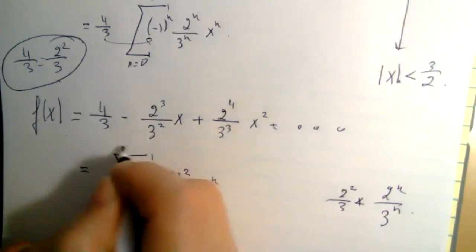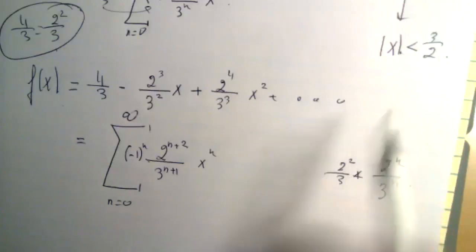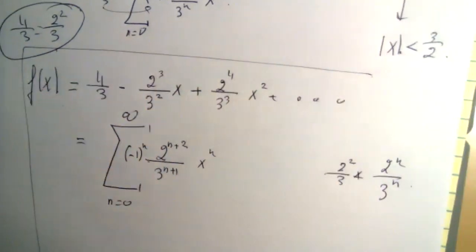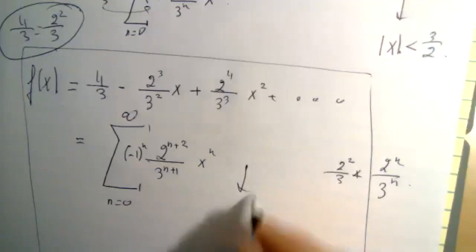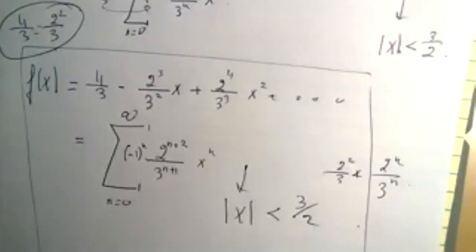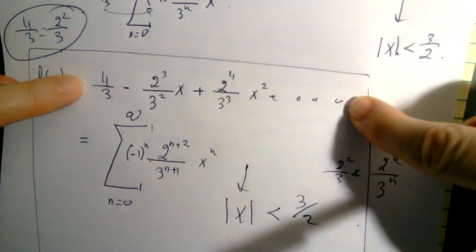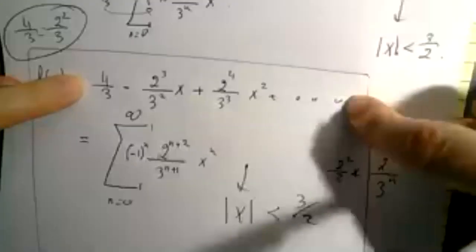My n should go from 0 to infinity. And this equality holds when the absolute value of x is less than 3/2. This condition guarantees the convergence of this series.